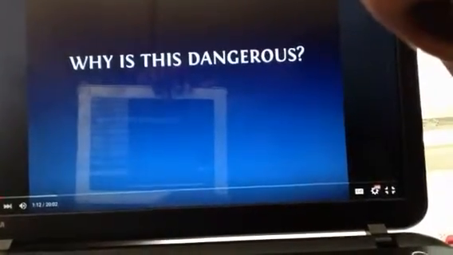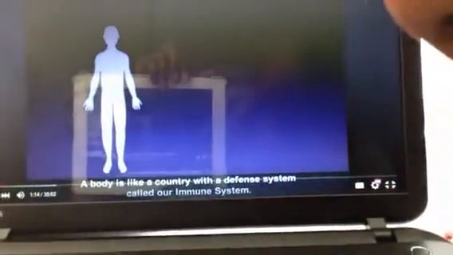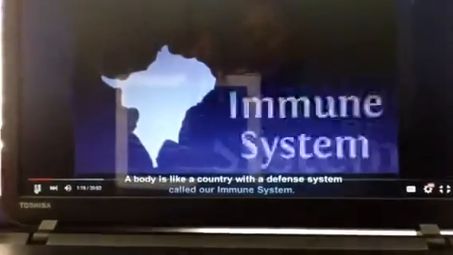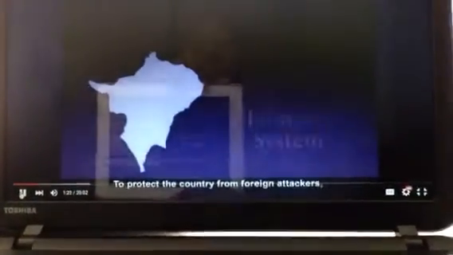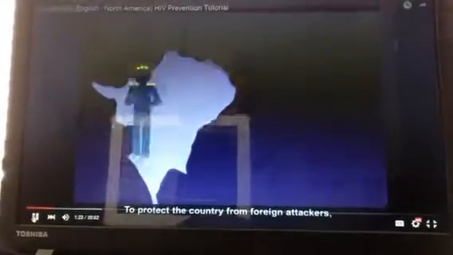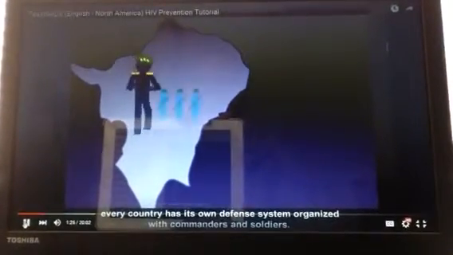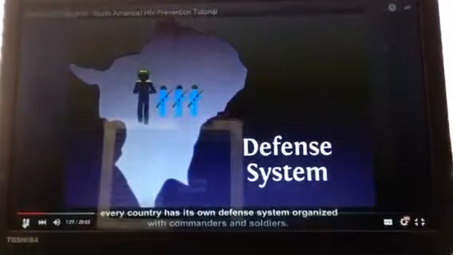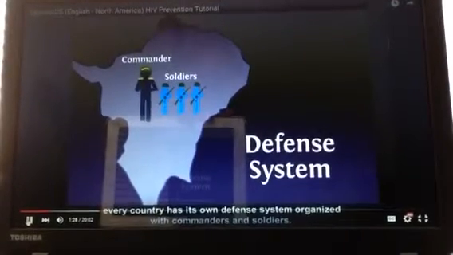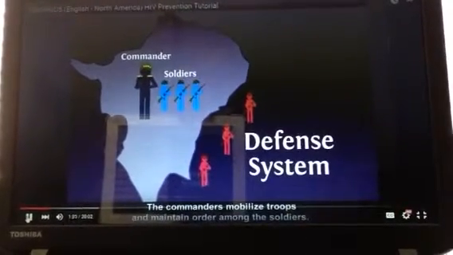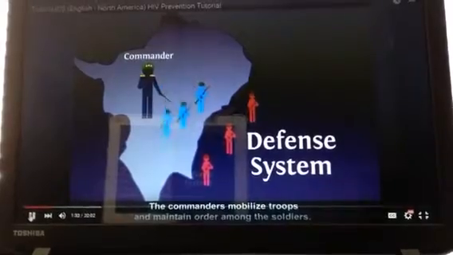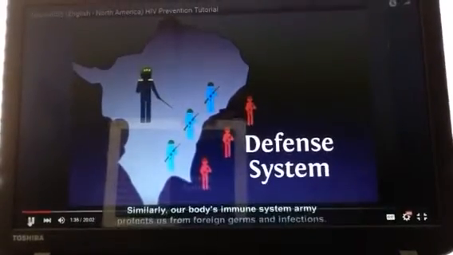Why is this dangerous? A body is like a country with a defense system called our immune system. To protect the country from foreign attackers, every country has its own defense system, organized with commanders and soldiers. The commanders mobilize troops and maintain order among the soldiers.